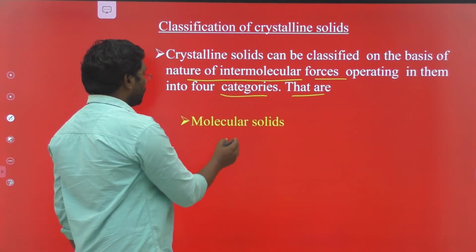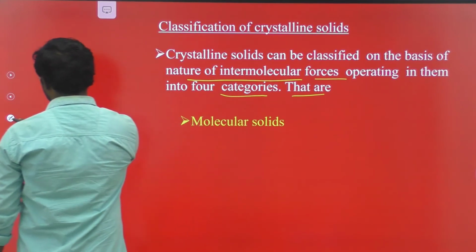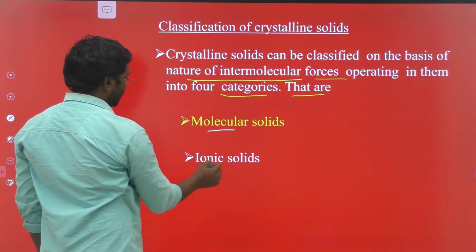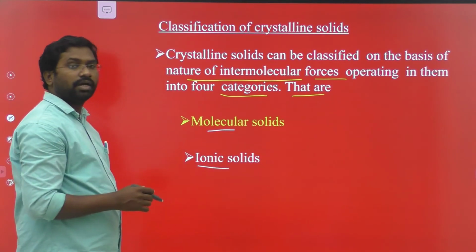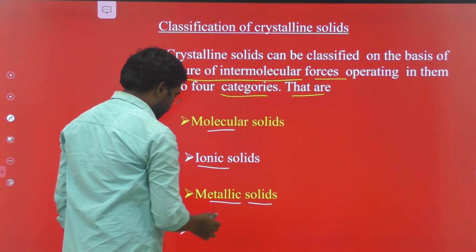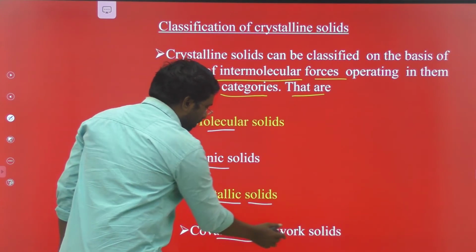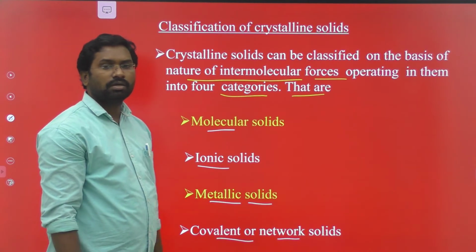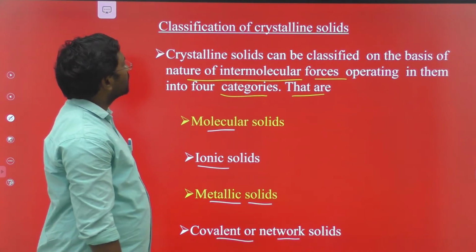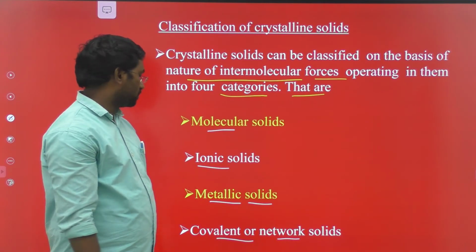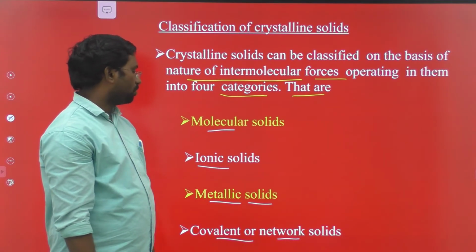First one, molecular solids. Second one, ionic solids. Third one, metallic solids. And fourth one, covalent or network solids. These four are the main classification of crystalline solids.